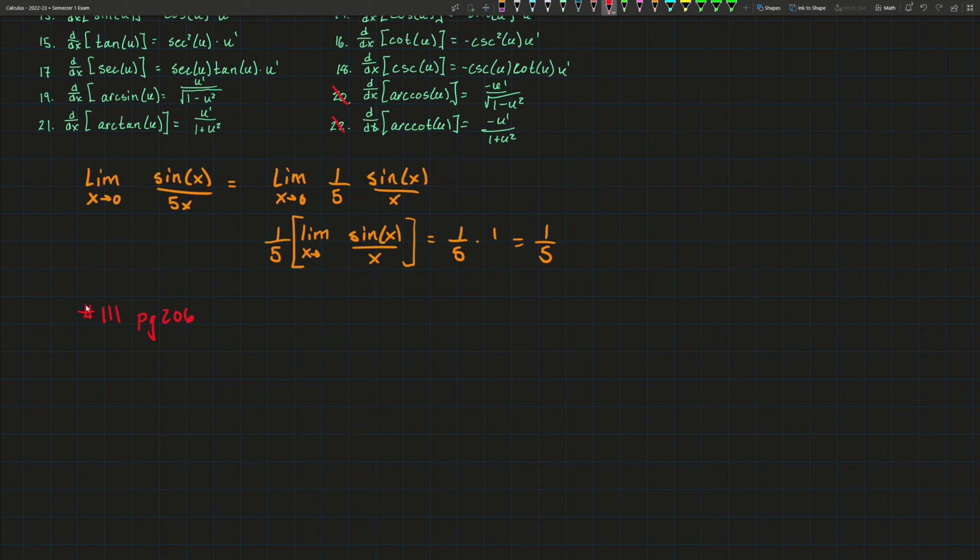This graph is given by x to the 2/3 plus y to the 2/3 is 5. And we need to find the equation of the tangent line at 8, 1.